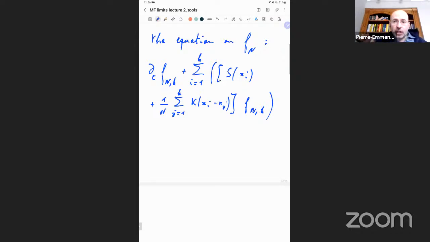None of the xj, j larger than k, matter, because when I integrate with respect to xk plus 1 to xn, this goes straight on Fn and I get Fnk. But there is an extra term when those j's are above k. And then by symmetry, they are all the same ones. So I actually have this.